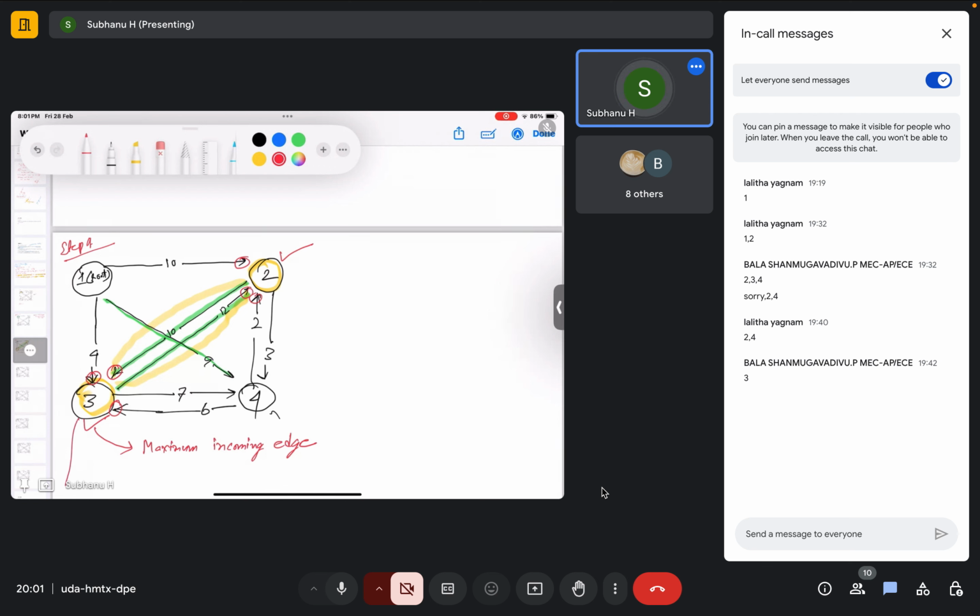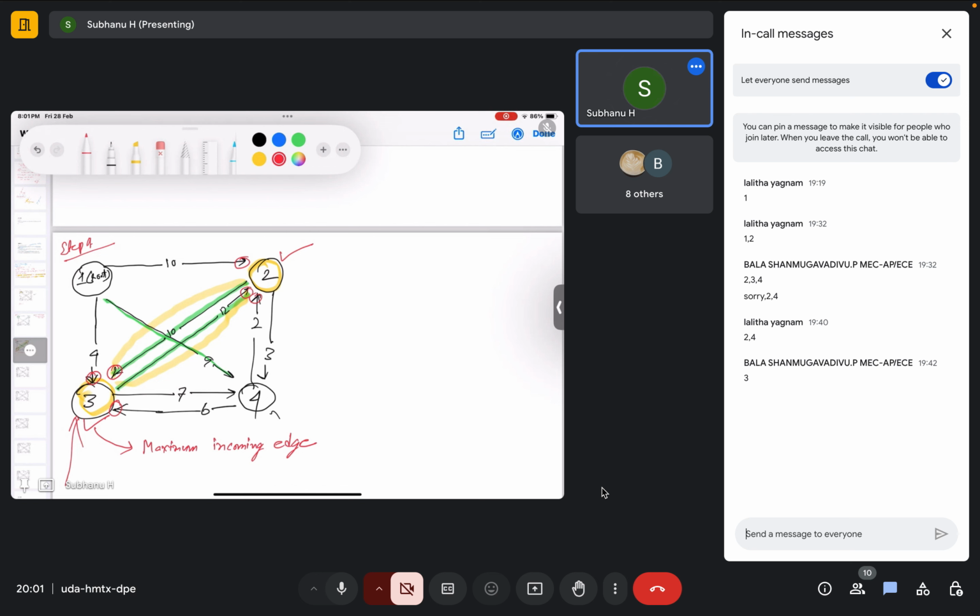So this should have a single incoming edge which should have the maximum weight. If this is not the case, then what we do? Then we need to break the circle by replacing certain edges with edges outside this graph.